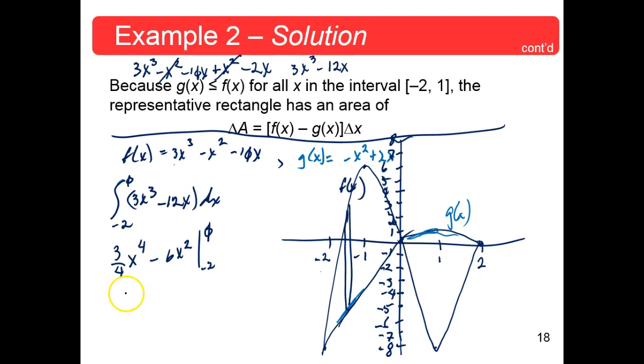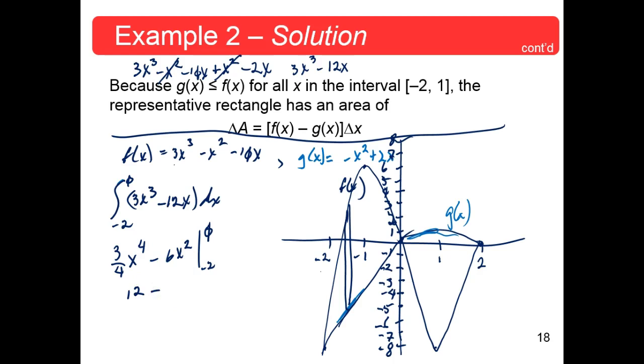Negative 2 to the 4th would be a positive 16, and 4 will go into that. 4 times 3 is 12. So that would be 12. Minus.